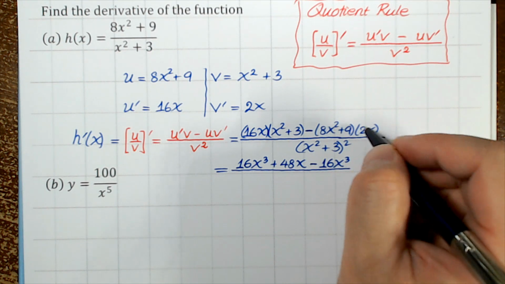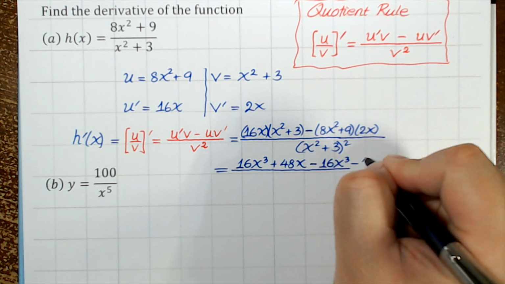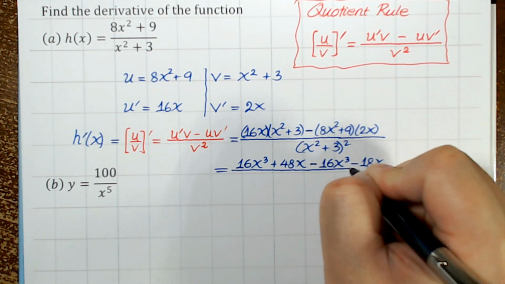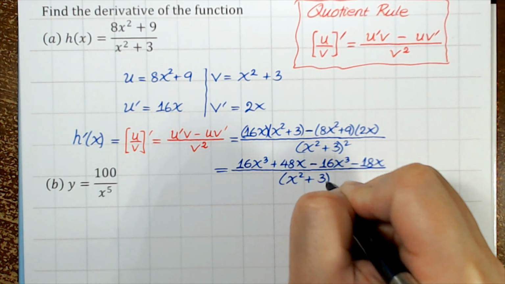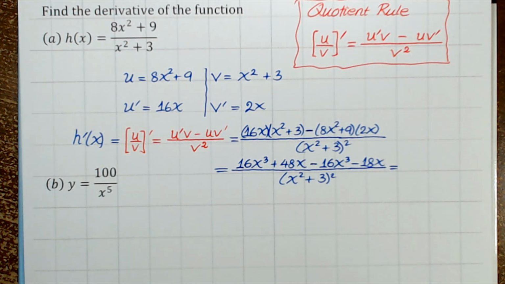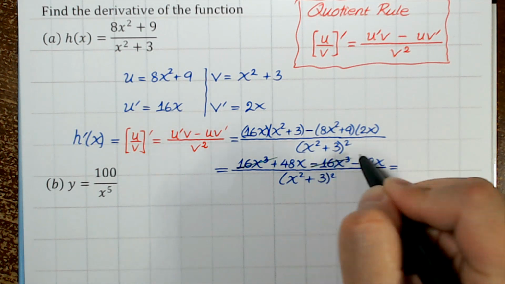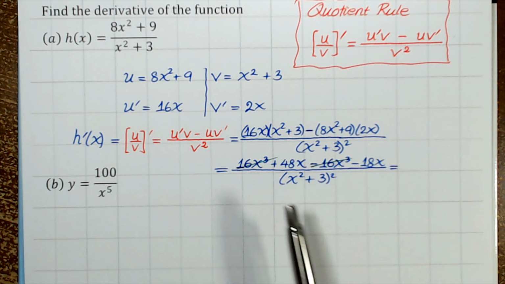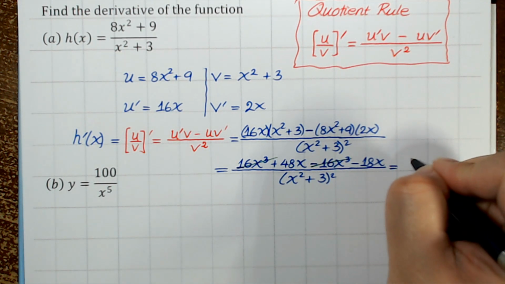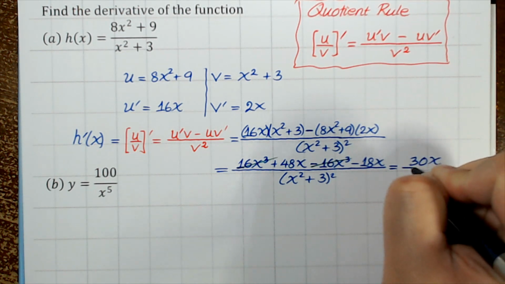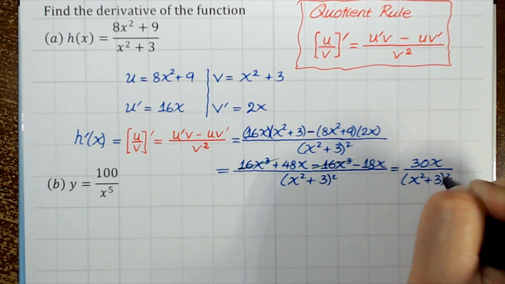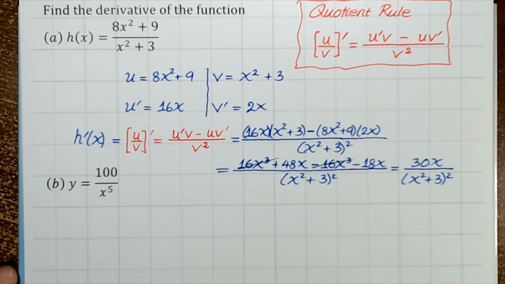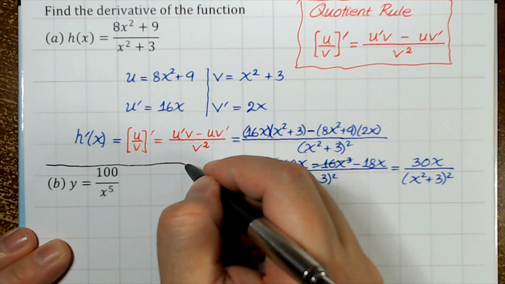And 9 times 2x is 18x with the minus, all over x squared plus 3 squared. Now try to simplify. 16x cubed and negative 16x cubed cancel out. 48x minus 18x is 30x over x squared plus 3 squared. Right, so that is that problem.